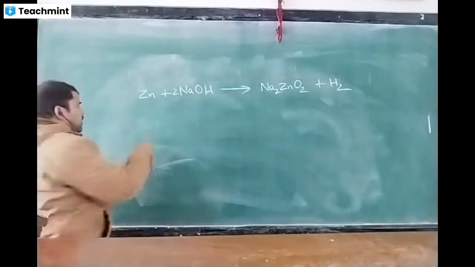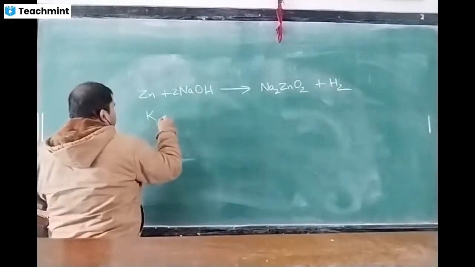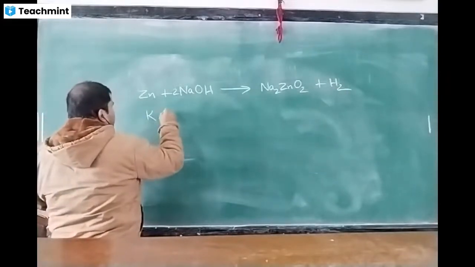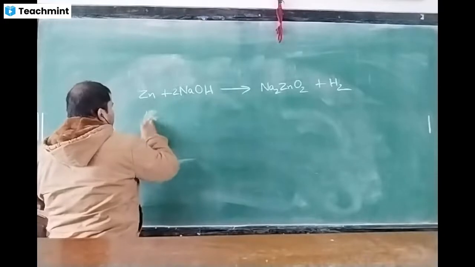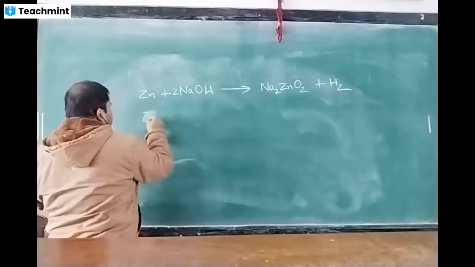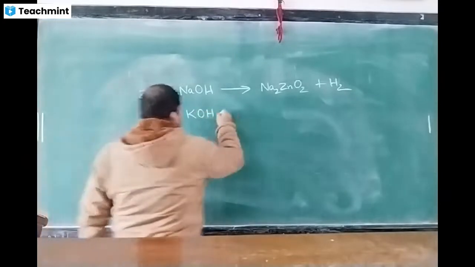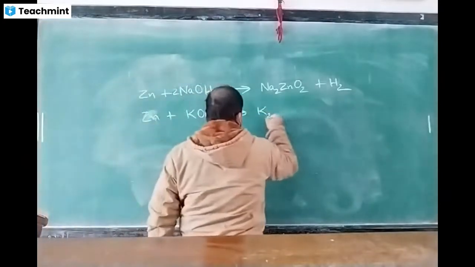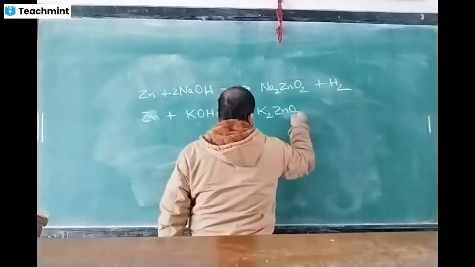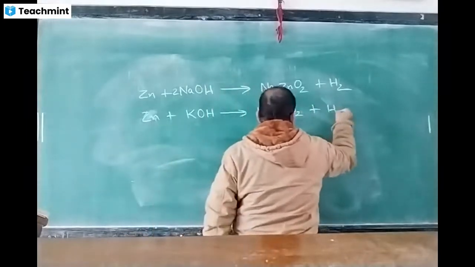In the same manner, if we take potassium hydroxide, Zn plus potassium hydroxide gives potassium zincate plus hydrogen gas.